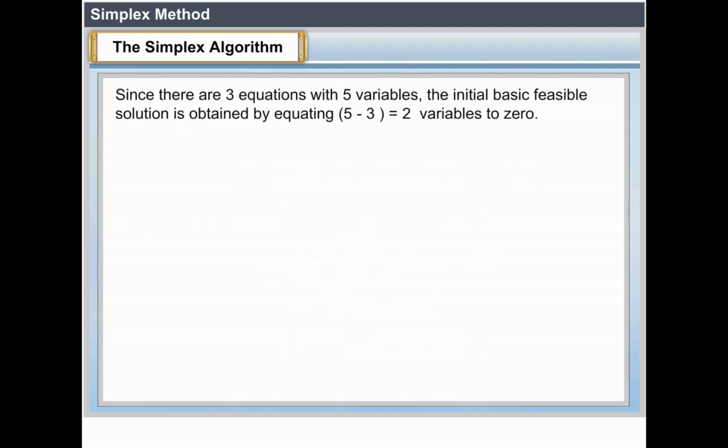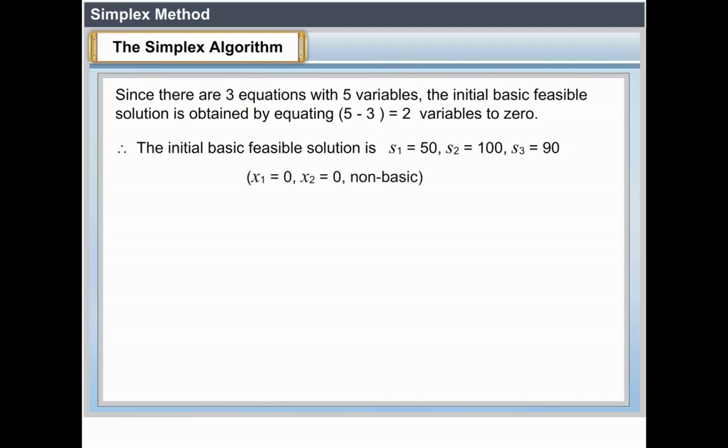Since there are 3 equations with 5 variables, the initial basic feasible solution is obtained by equating 5 minus 3 equals 2 variables to 0. Therefore, the initial basic feasible solution is S1 = 50, S2 = 100, S3 = 90. X1 = 0 and X2 = 0 are called non-basic variables initially.